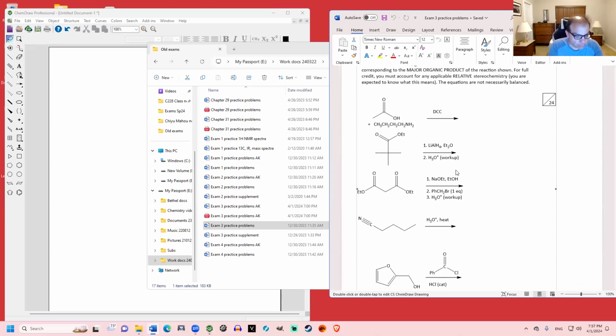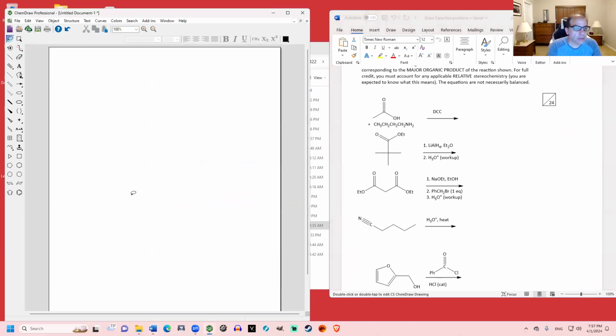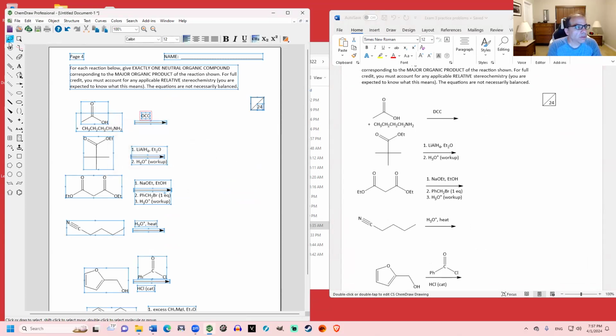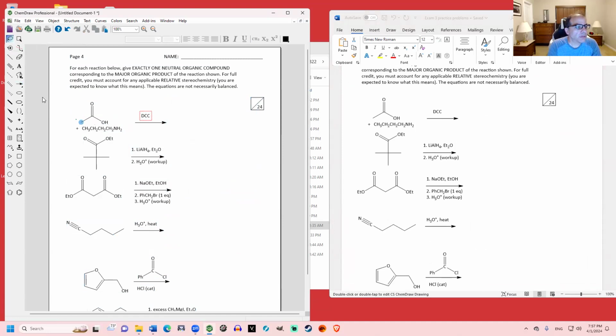Here's one. And this one again, actually, I should have used the answer key. Well, it'll probably take me just as long to draw the molecule as to open up the answer key.